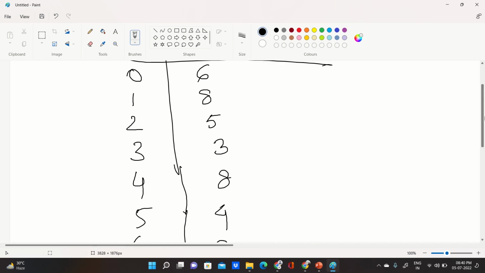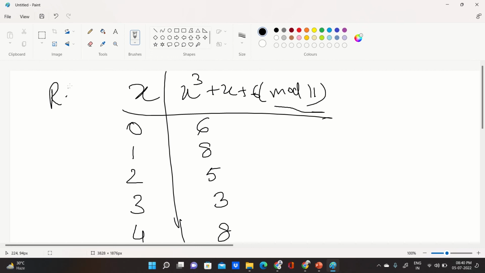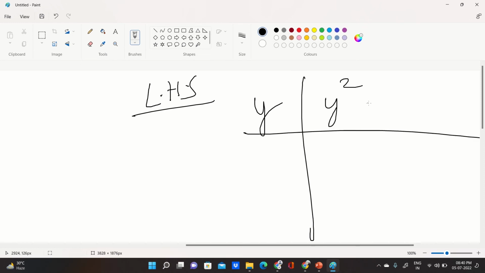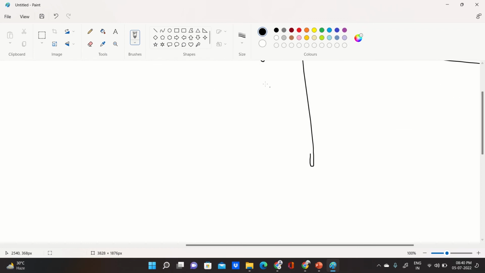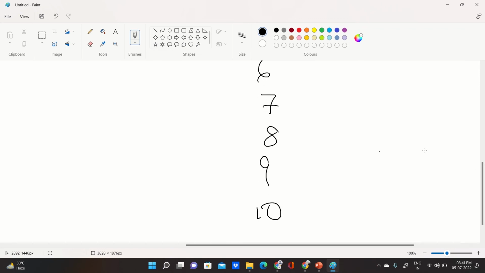This is the side of my RHS. Now let's find it for LHS also. It's y square mod 11. Again the y's value would be from 0 to 10: 0, 1, 2, 3, 4, 5, 6, 7, 8, 9 and 10.